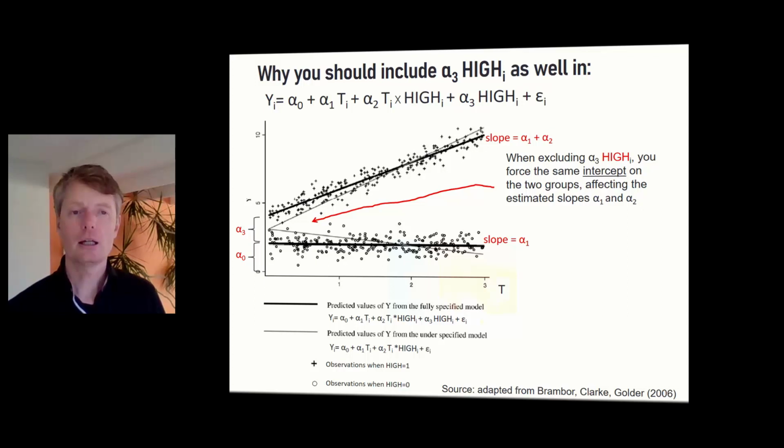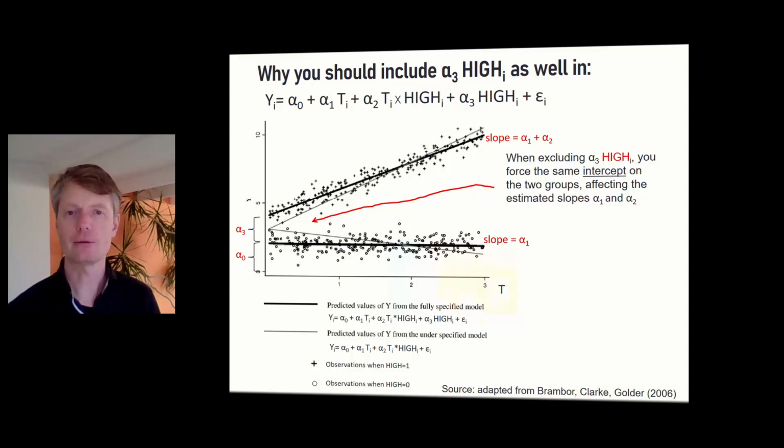Now, if we exclude alpha 3 times high, so if we forget to allow for a difference in the intercept, then we are going to estimate the thin line. So we force the same intercept on the two groups, and obviously you don't get the correct answer. So you don't get a correct estimate of the treatment effect for the high is 0 group versus the high is 1 group.